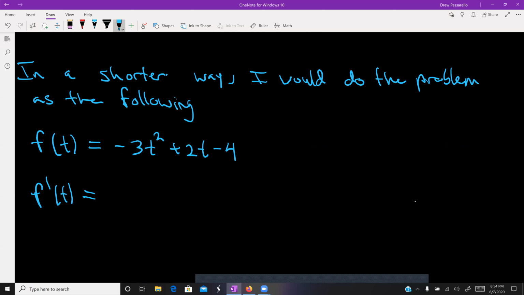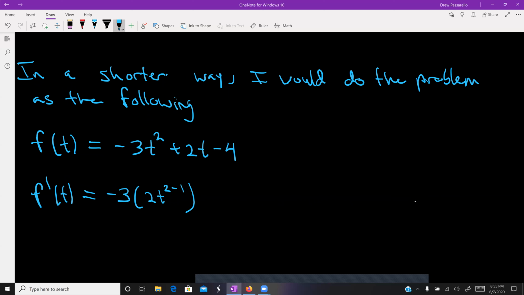And I know I have to take a derivative of each component. So for the first term, -3t squared, it's like I factor out the -3, and then I worry about taking the derivative of t squared. Well, the derivative of t squared, that's 2 times t to the 2 minus 1 using the power rule.